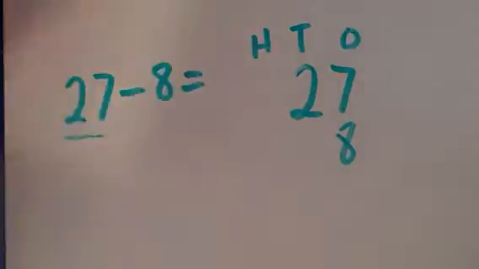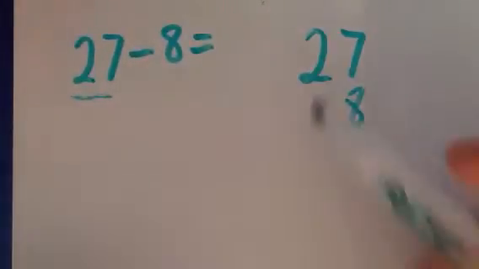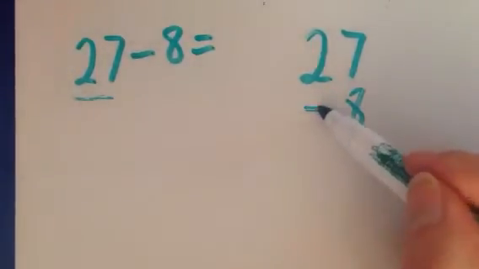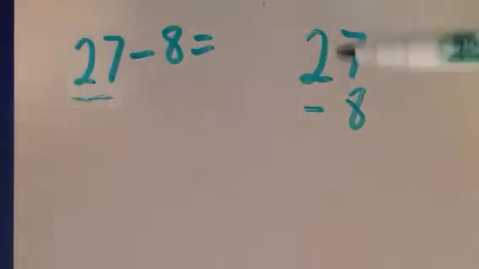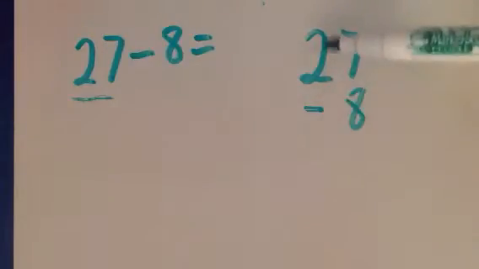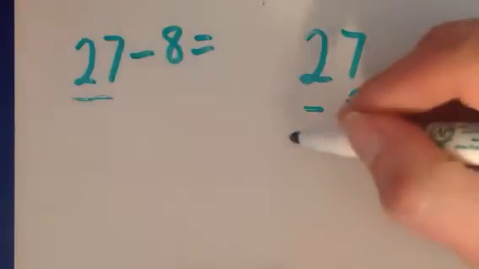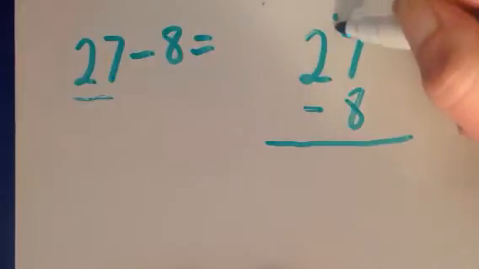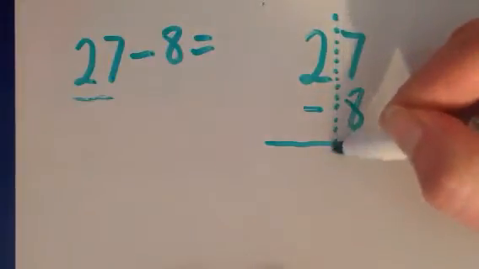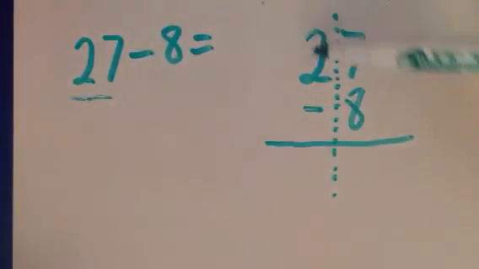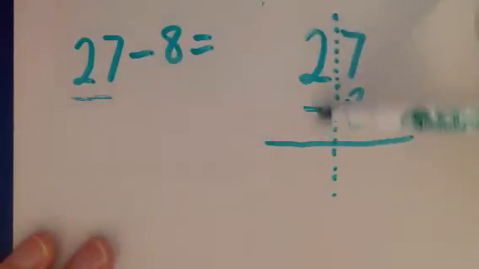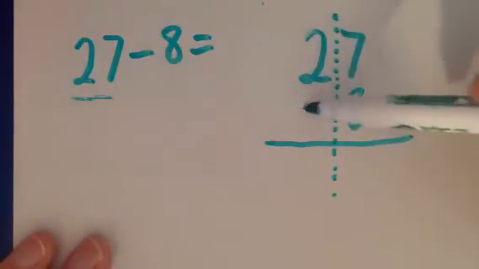Now, where do I put my minus sign? Some of you put it right here, right? Well, if you look at that, that's underneath your tens. That's in your tens column, right? If I put a line between these two, I can see that my tens place right here has the minus sign in it.